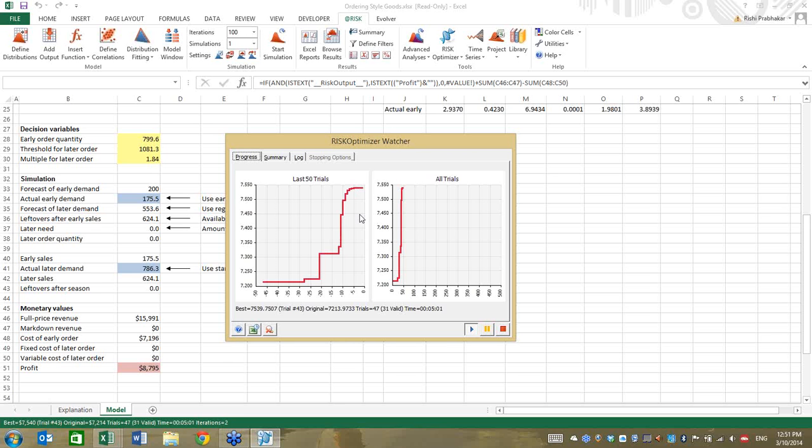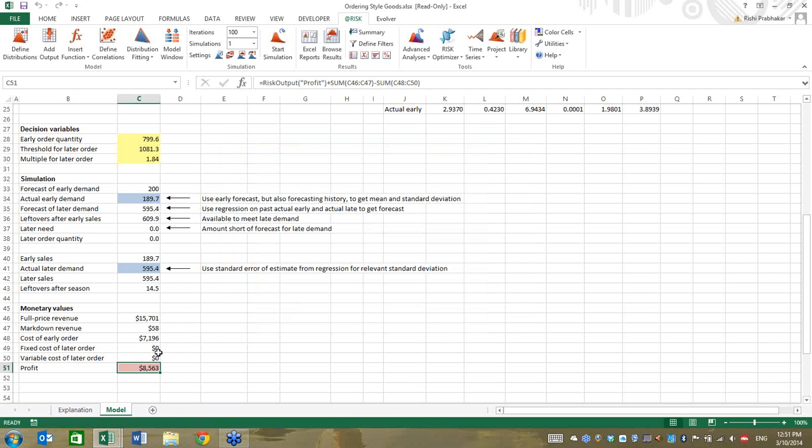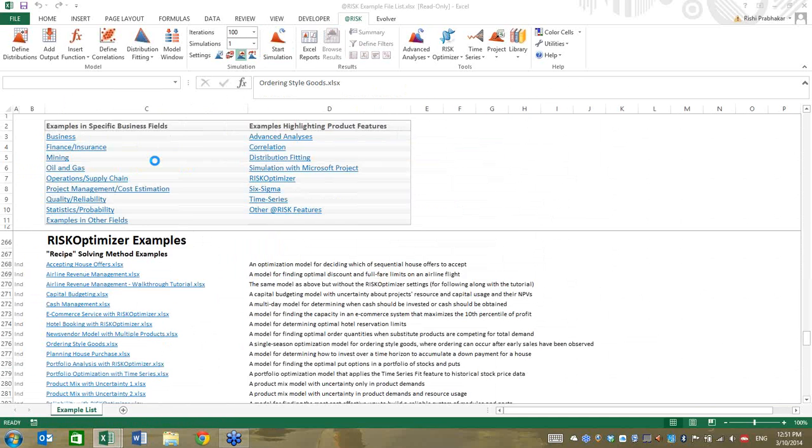It's tapering off a little bit, but I'm sure there's more room to improve. And so if I look at my result now, I have my optimal decisions there.